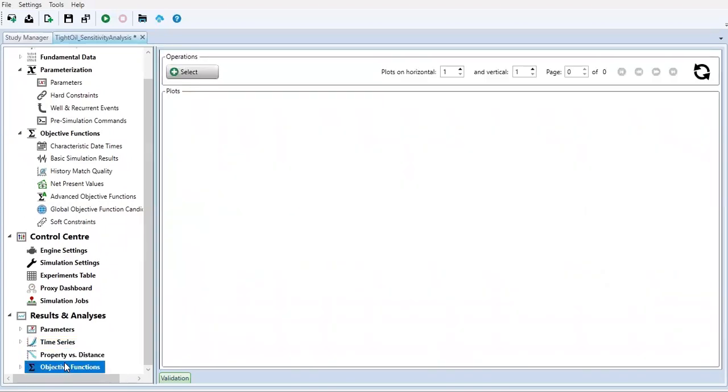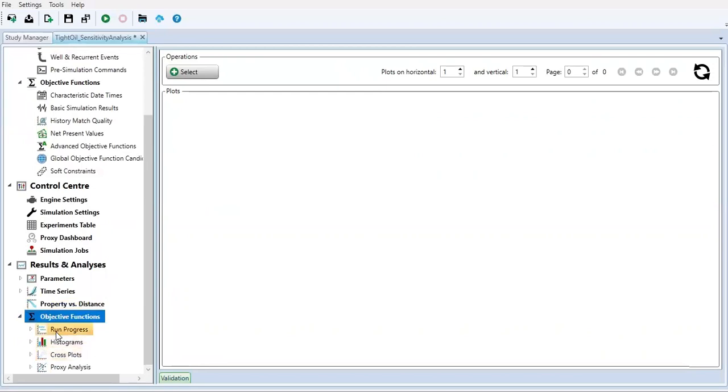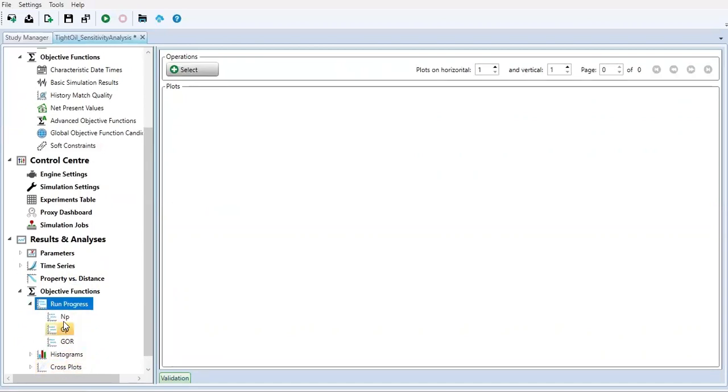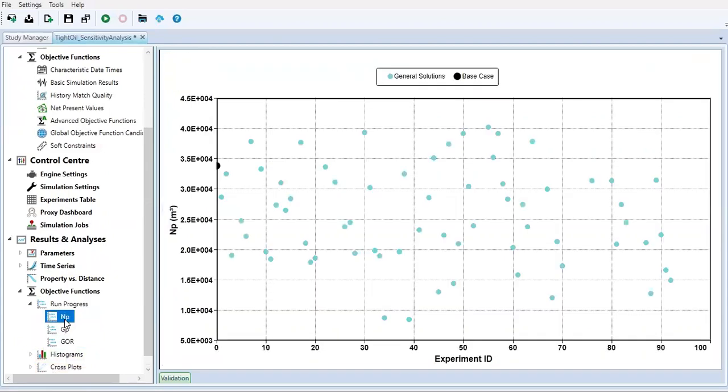And objective functions. Okay, let's expand this one. We also have run progress, histogram, crossplot, and proxy analysis. And proxy analysis is very important. Run progress, expand. NP is cumulative oil production. So this shows the cumulative oil production that we generate from each experiment, sometimes small, sometimes big, sometimes between big and small.